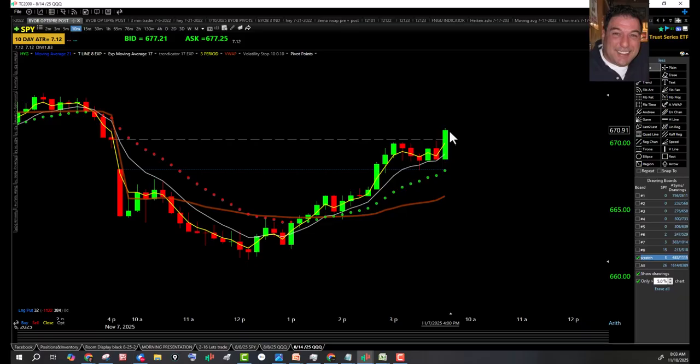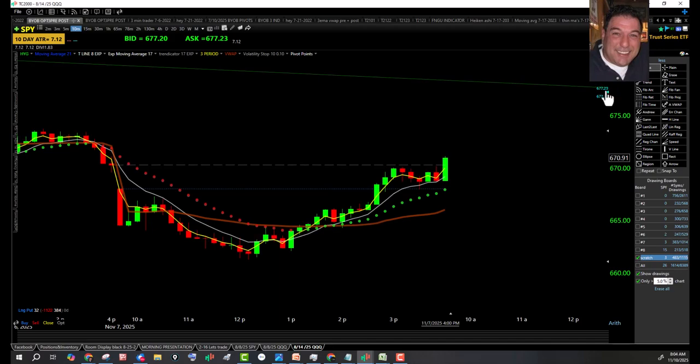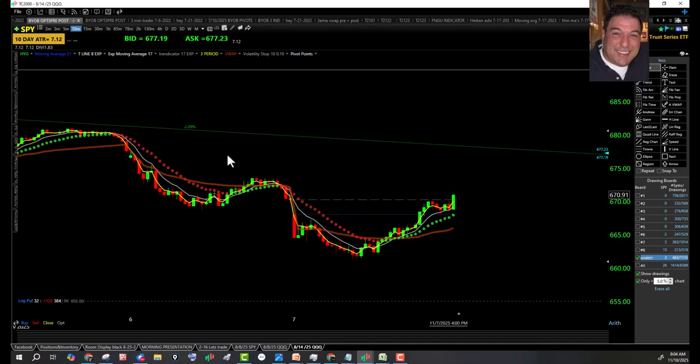Near the end of the day, whenever that happens, there's usually a 70 to 90% chance price is going to gap up even higher in the overnight, or at least trade up in the overnight. That's pretty much what we got this morning. If we pull this down, you can see we're all the way up here near the downtrend line. Keep an eye on that downtrend line on the daily chart.